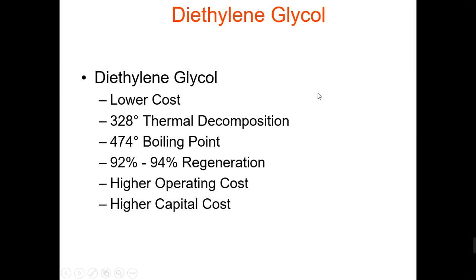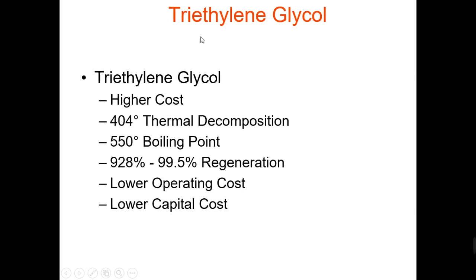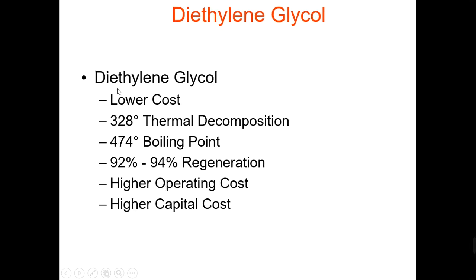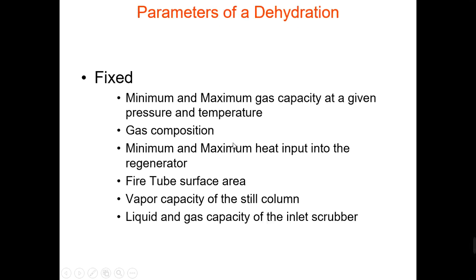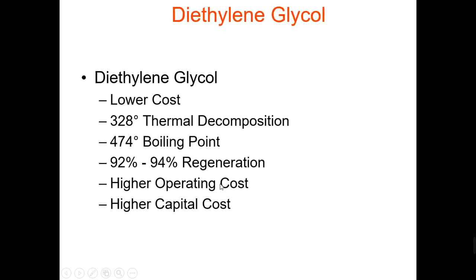Then we have two kinds of glycol: diethylene glycol and triethylene glycol. Diethylene glycol has a low cost and very good thermal composition. It has a boiling point range of minus 474. It can be regenerated to 94%, but the operating cost is higher, meaning the cost of removing the water from the glycol itself is high.